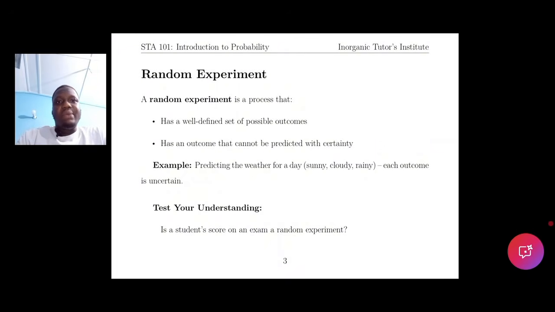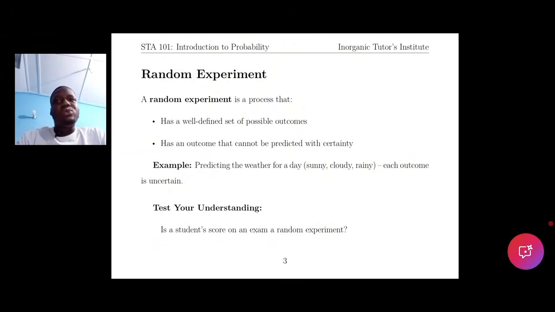We should be able to tell that this activity that we are going to conduct will lead to this or this or this and nothing else. We should know all the outcomes that have chances of occurring.